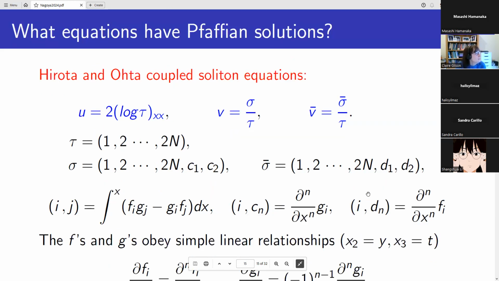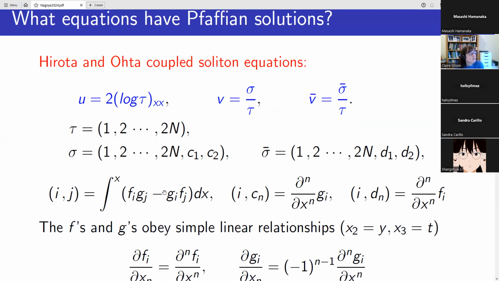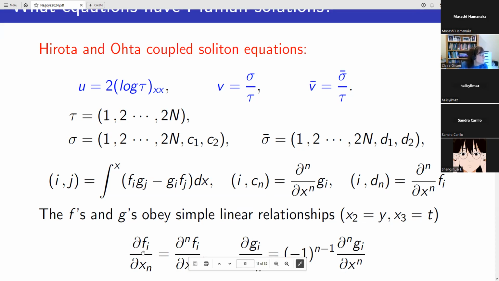Right, so if I do that, they give me solutions. So the F's and the G's, I've just written these out again. The F's and the G's are very simple linear relationships, as you see in things like the KdV equation. So the relationships are just that if I differentiate f1 with respect to xn, that's the same as differentiating n times with respect to x1.